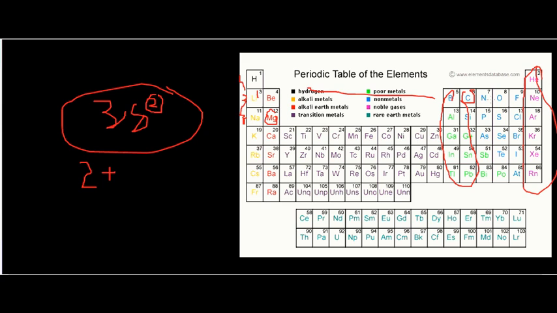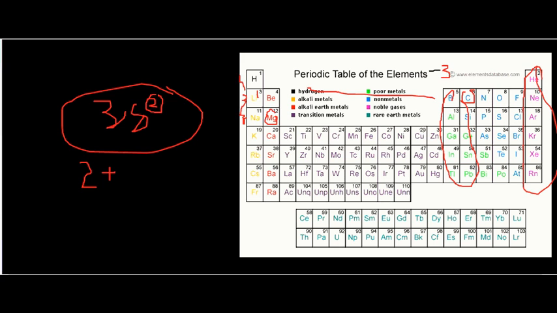So it wants to gain a -3 charge. So its valence charge is usually -3. So it skips the D? What do you mean it skips the D?